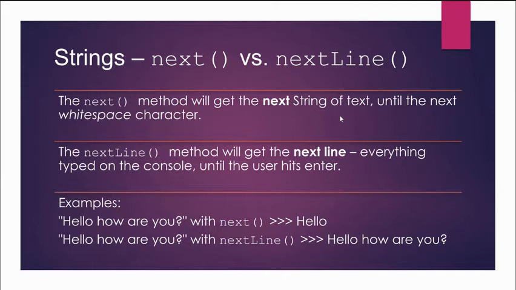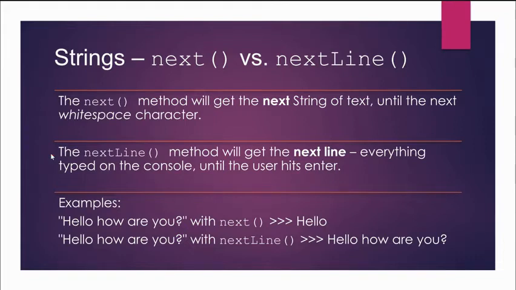So there are two different methods that return strings, the next method and the nextLine method. The next method will get the next string of text until the next white space character. So basically we think of that as like one word. The nextLine method will get the next line, everything typed on the console within a line until the user hits the enter key.